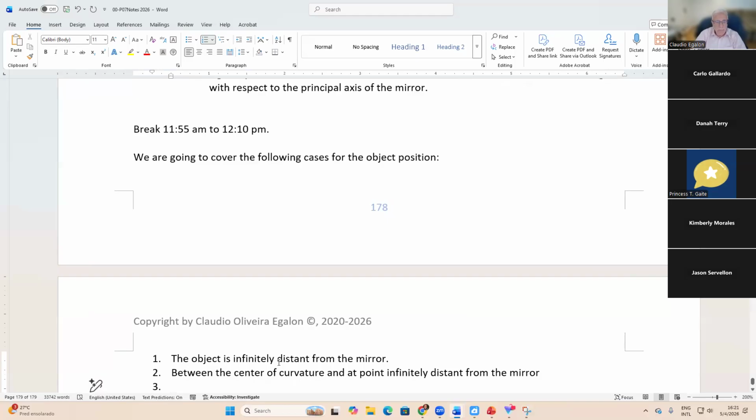Third, we're going to cover the following cases of the object position: infinitely distant from the mirror, between the center of curvature and another point past the center of curvature.